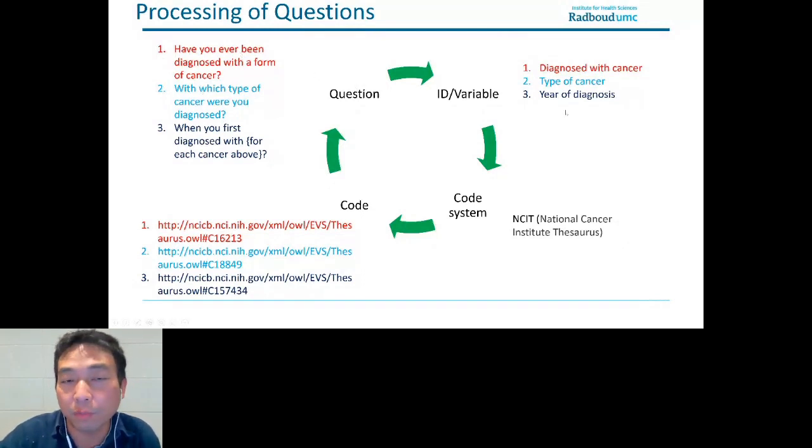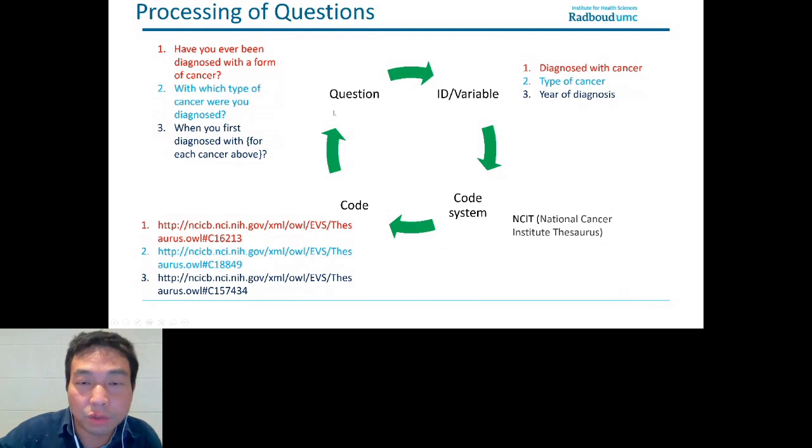For this question, we identified an ID, or we call it a variable, in this case, is diagnosed with cancer. And for this ID or variable, we identify a code system. In this case, we use the NCIT. And in NCIT, we try to find an existing match for this ID or variable.